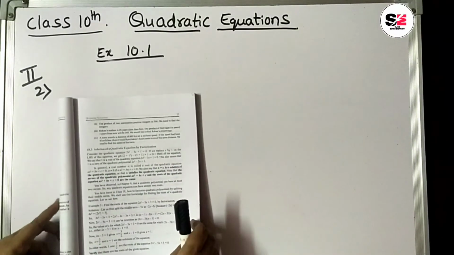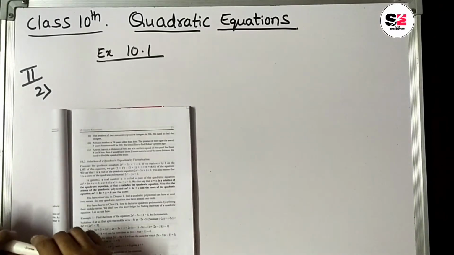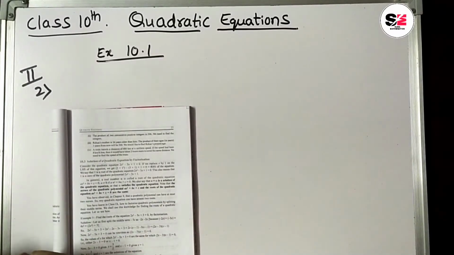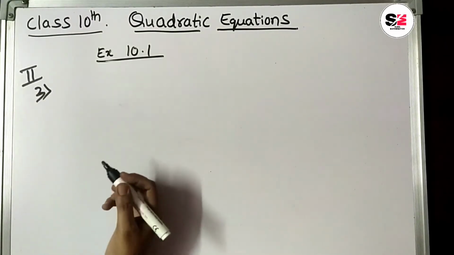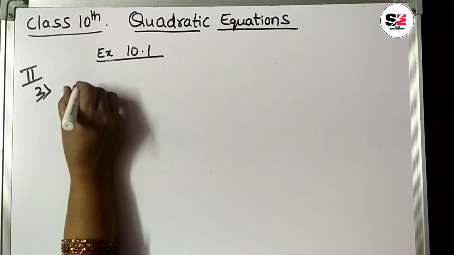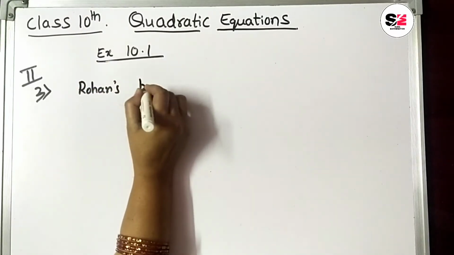Question number 3. Rohan's mother is 26 years older than him. The product of their ages 3 years from now will be 360. We would like to find Rohan's present age. Let Rohan's present age be x years.